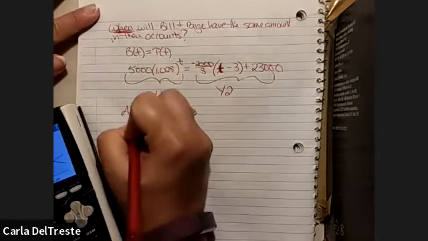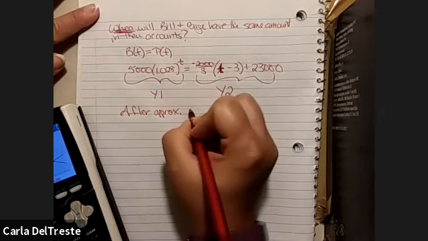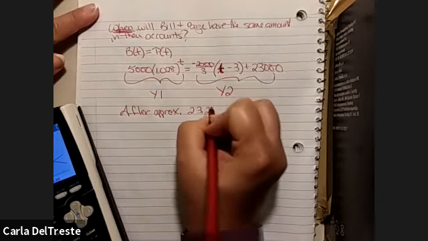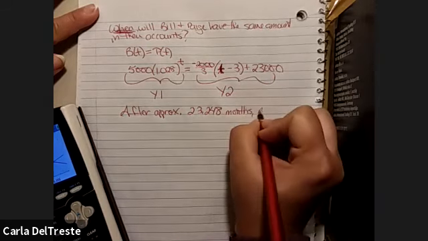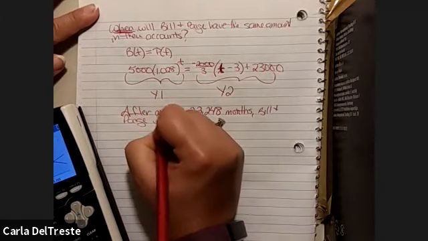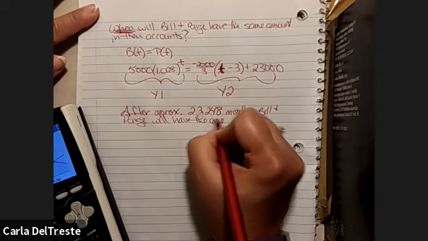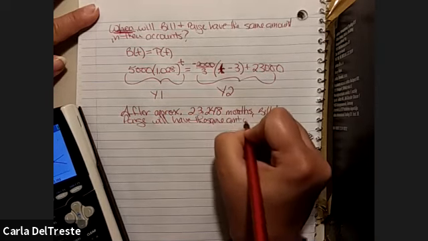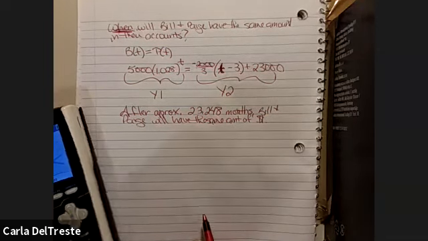So after approximately 23.248 months, Bill and Paige will have the same amount of money. Okay.